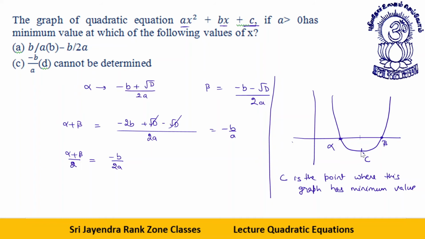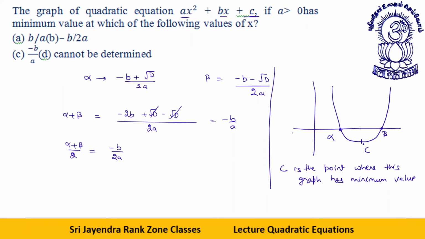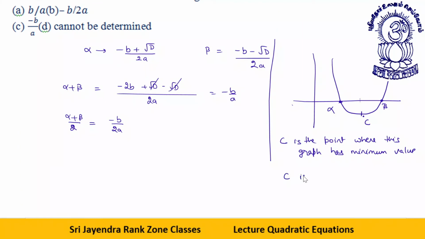So how do we reach C? C is the midpoint of alpha and beta. From this C I go to D like this. D is actually the x coordinate. So D is the midpoint of alpha and beta.